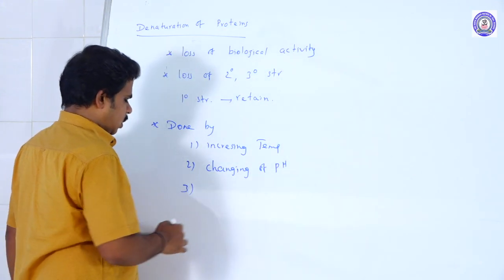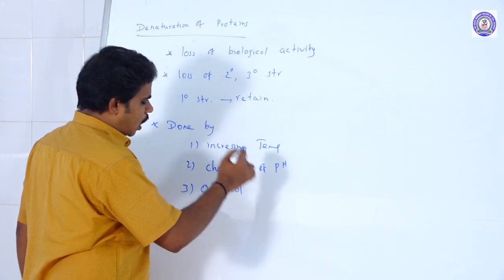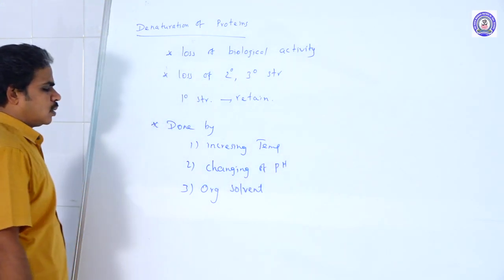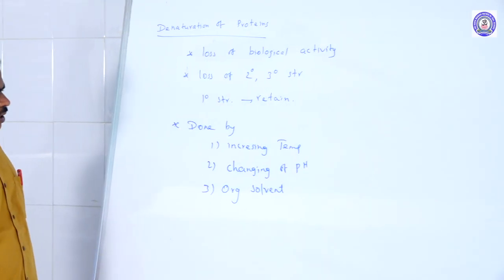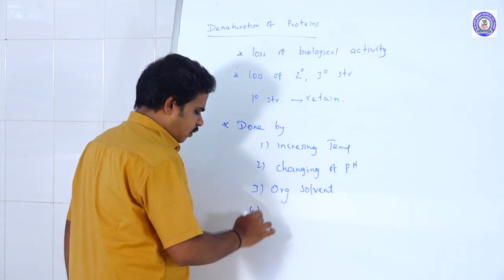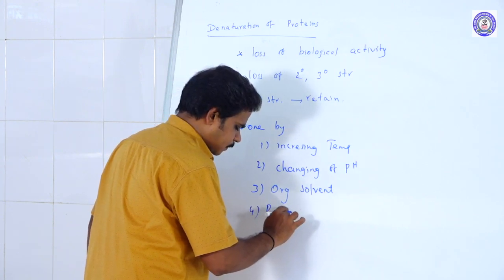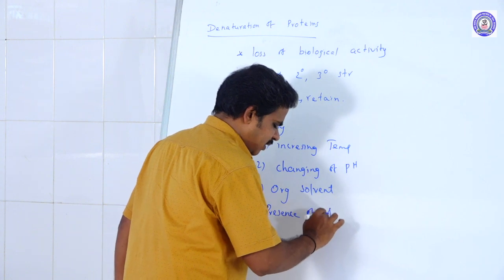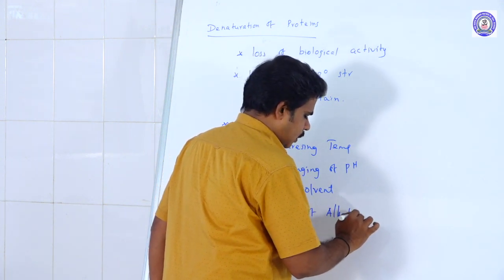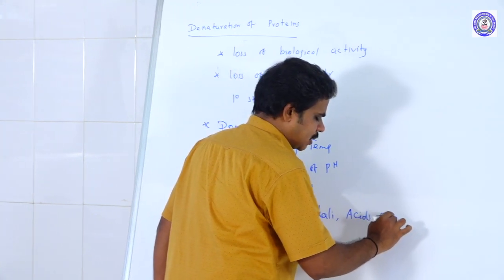The third one is by using organic solvents; the protein gets denatured by organic solvents. And the fourth one is the presence of alkali or acids and some salts.